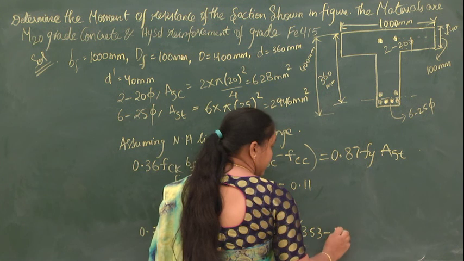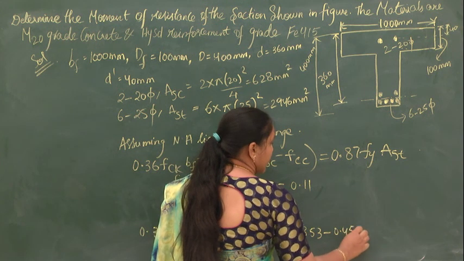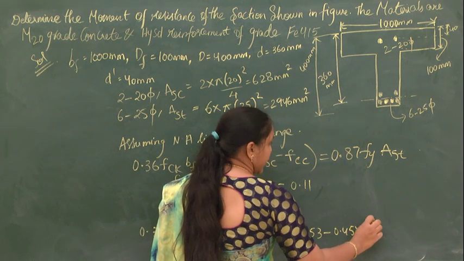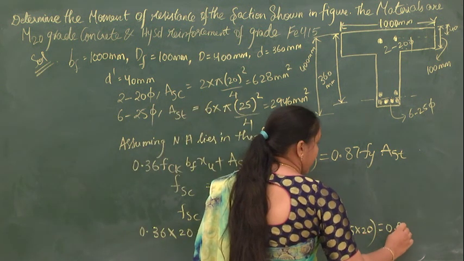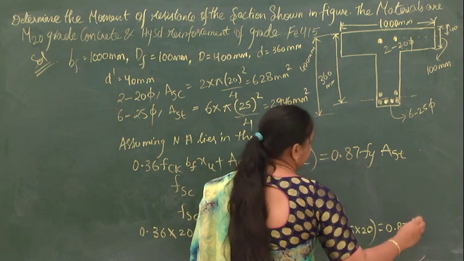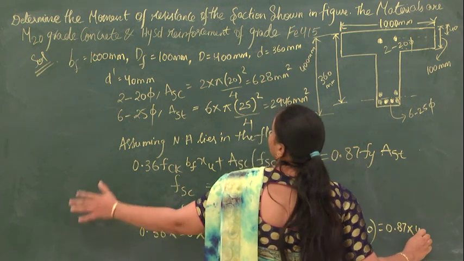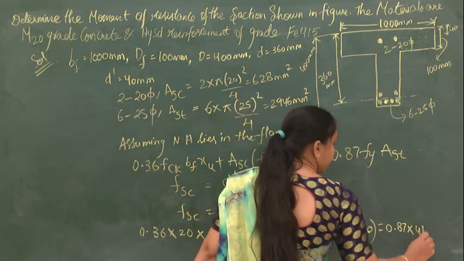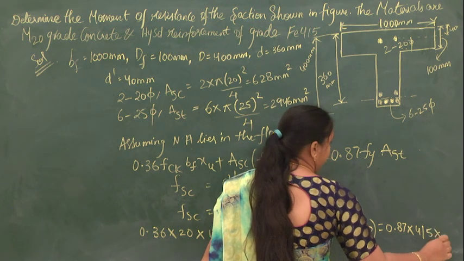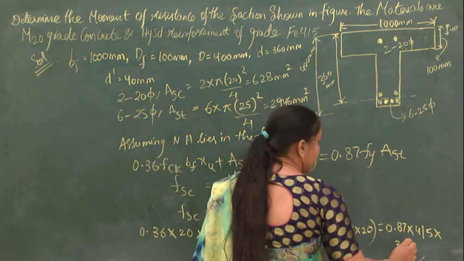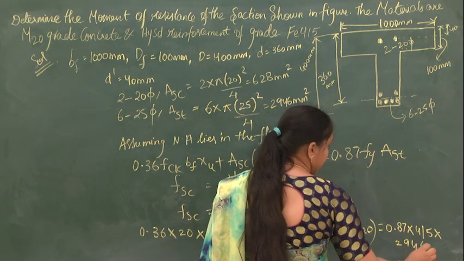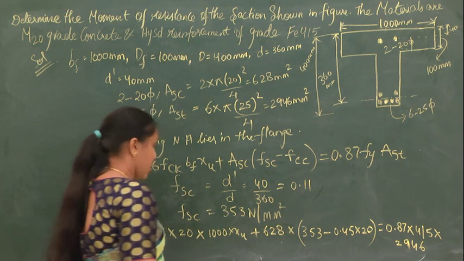How will you calculate FCC? 0.45 into FCK. FCK here is 20. This will be equal to 0.87 into Fy. What is Fy here? In the question it is given, it is 415 into AST. AST is what we have calculated here, which is 2946 mm square.